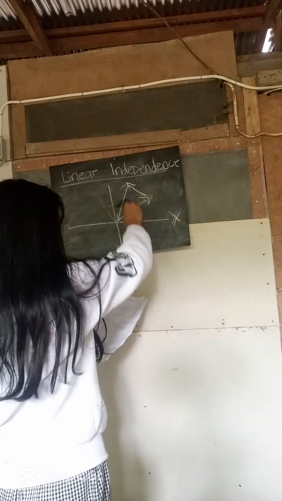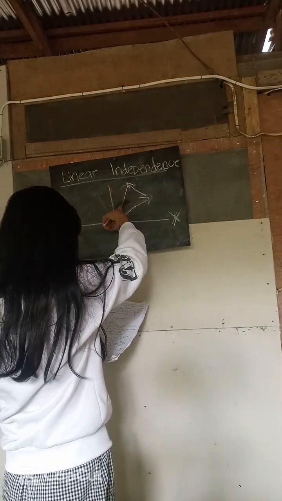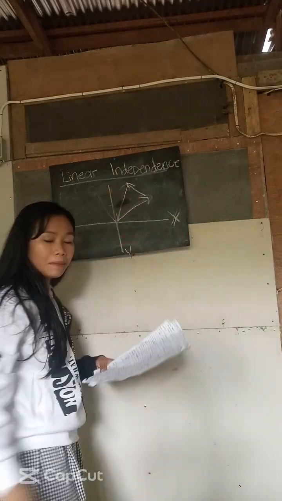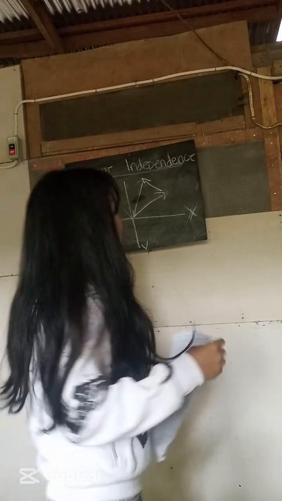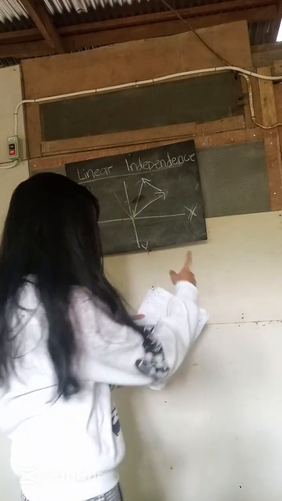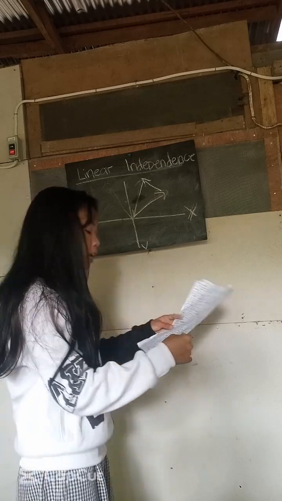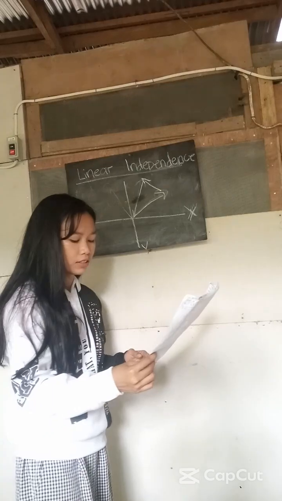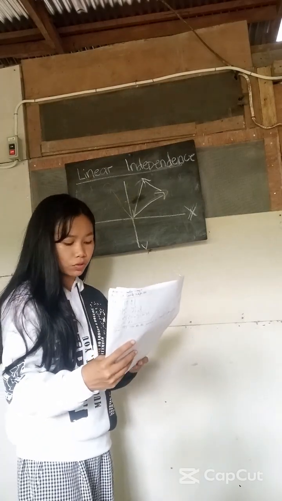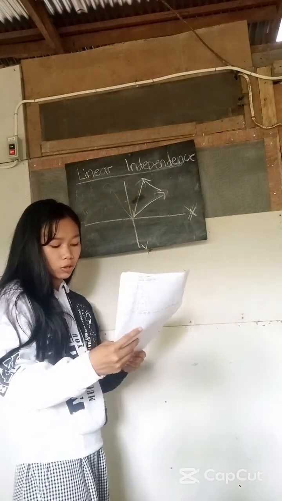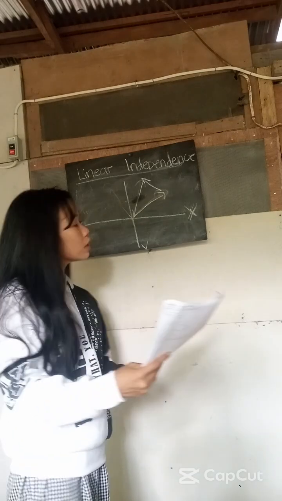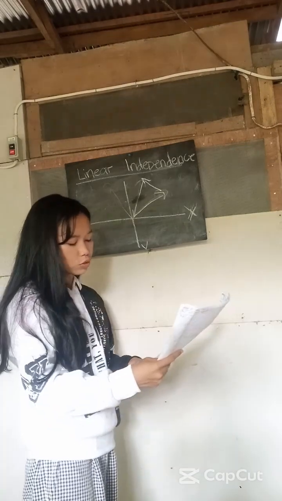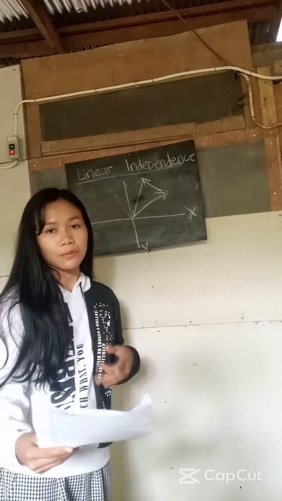For example, these vectors are multiplied by minus 1 and others. But the point here is that there is a way that I can add these three vectors up with stretching factors so that it equals zero. So these vectors, which we call linearly dependent, have a so-called non-trivial way to add up to zero.